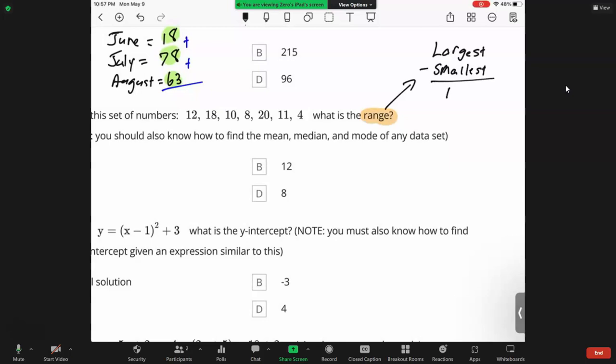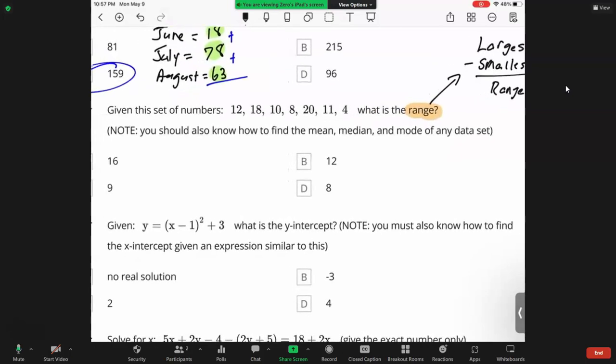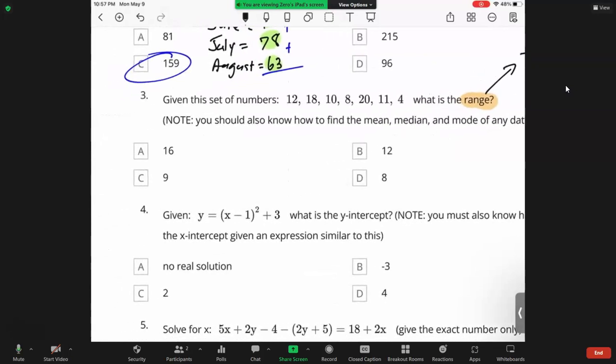That is the range. So then the largest number here would be 20. The smallest number would be 4. So then 20 minus 4. That gives us 16.